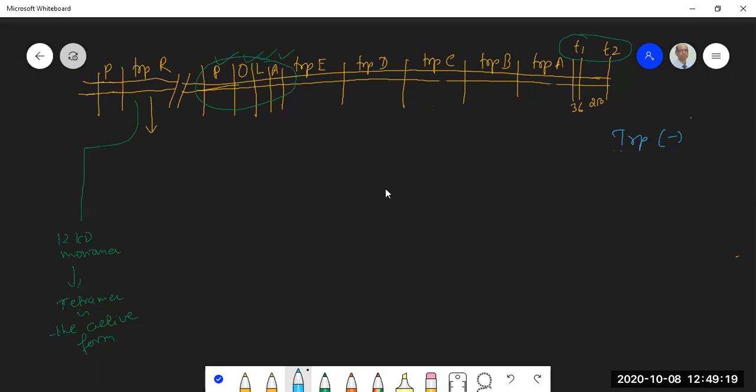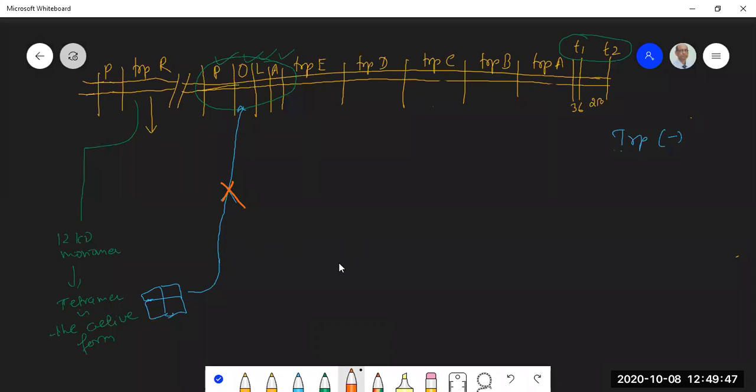So when tryptophan is not there, this tetramer repressor protein cannot go and bind to the operator.